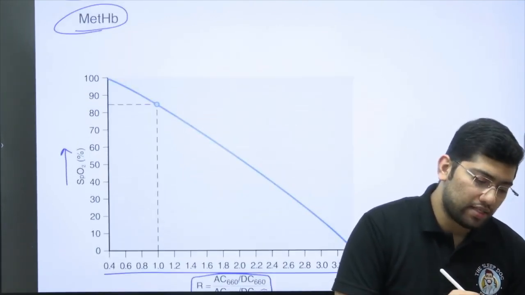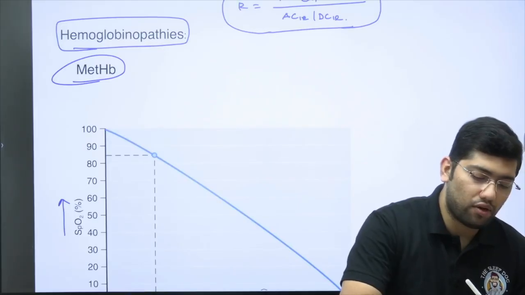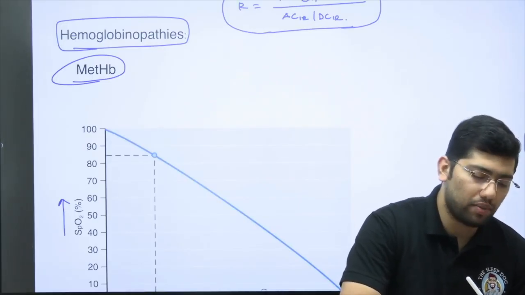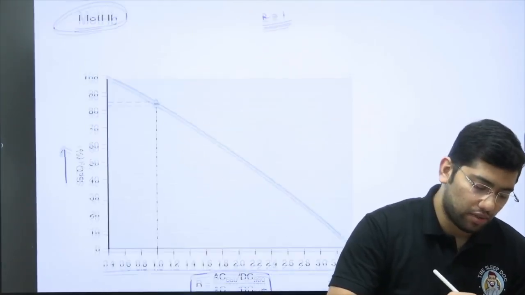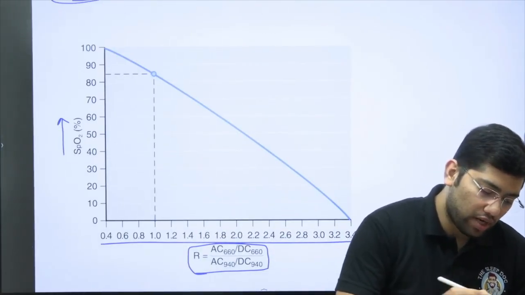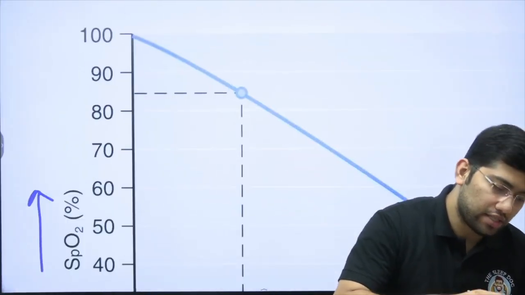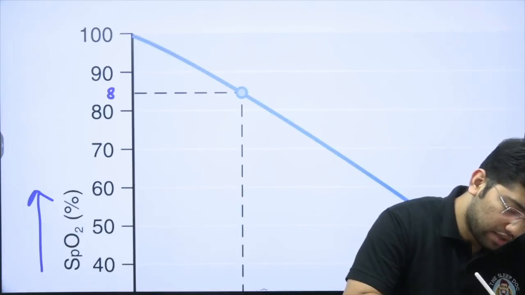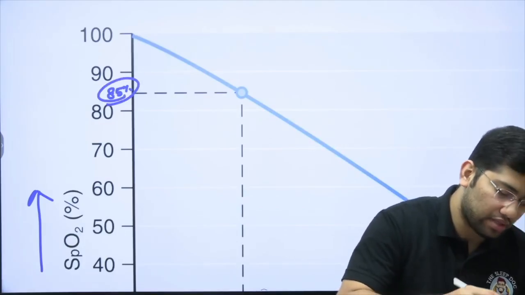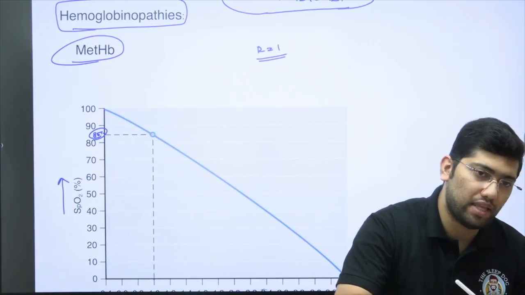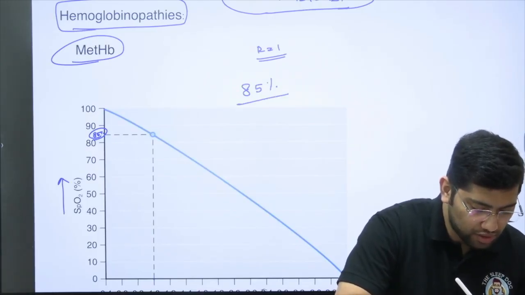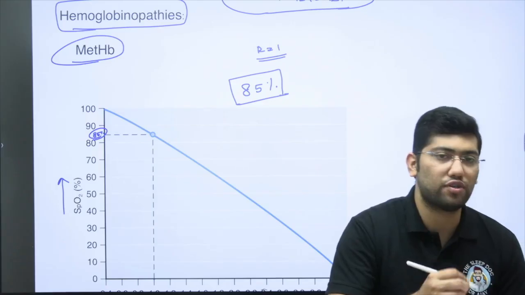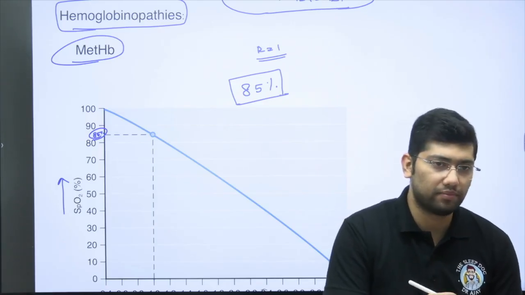Since the absorption and emittance is almost the same for methemoglobin, the R value corresponds to 1. If the R value corresponds to 1, what is the saturation? Here it is 85%. That is why in cases of methemoglobinemia, the pulse oximeter almost always shows a fixed oxygen saturation of 85%.